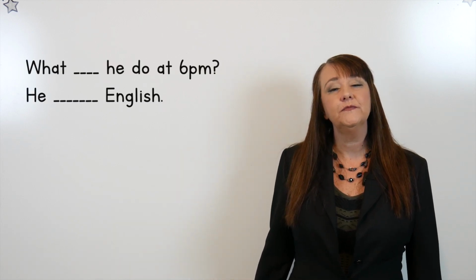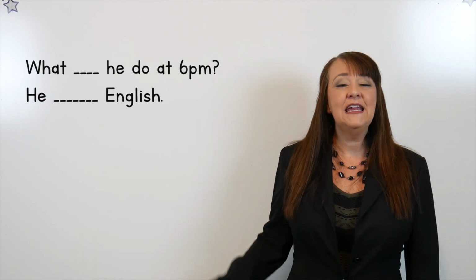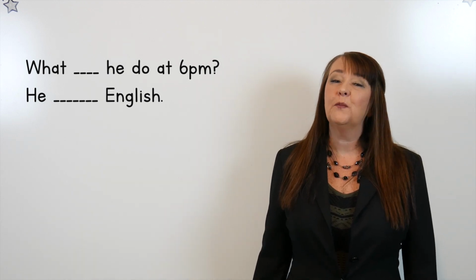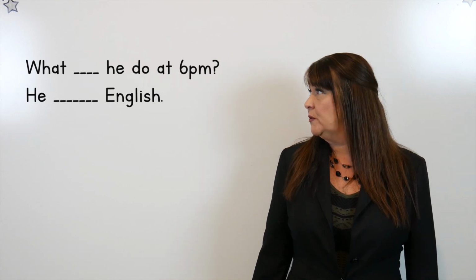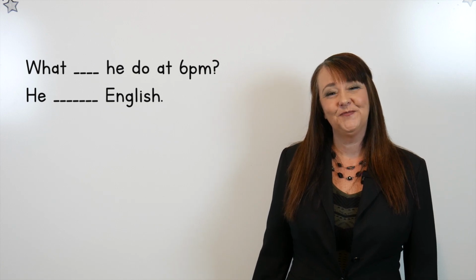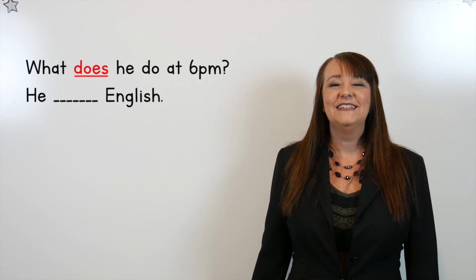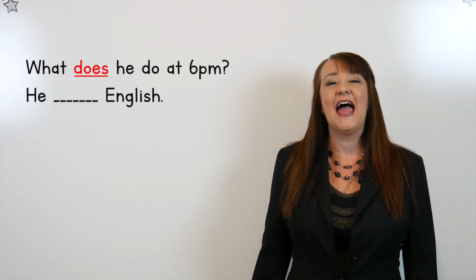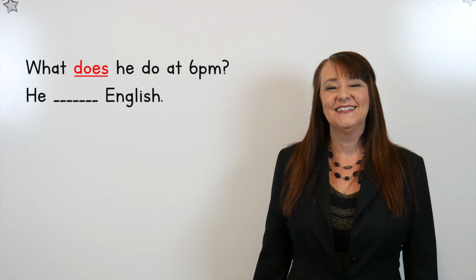Let's look at sentence number 3. It says, what he do at 6 p.m. Are you going to use the word do or does? If you said, what does he do at 6 p.m., then you're correct.